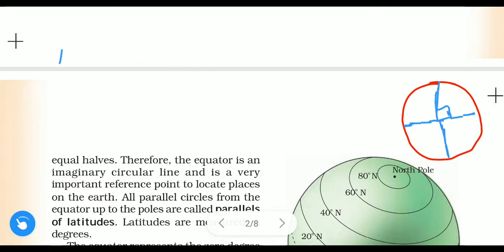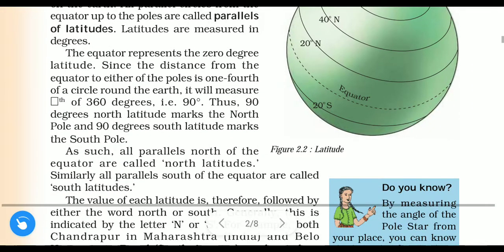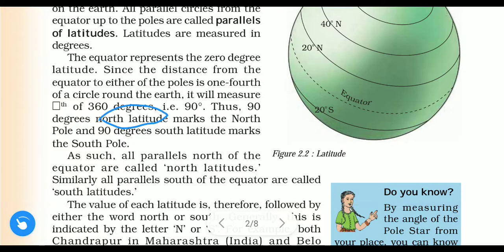Okay, from the equator both poles, the north pole and the south pole, are at 90 degree latitude. See here it is given: thus 90 degrees north latitude marks the north pole, and 90 degrees south latitude marks the south pole.